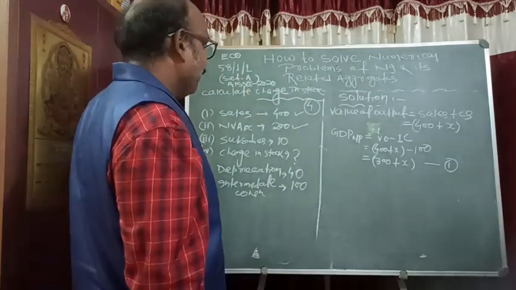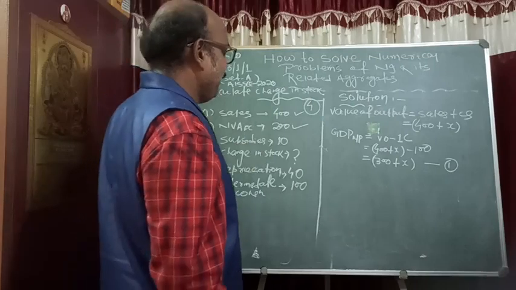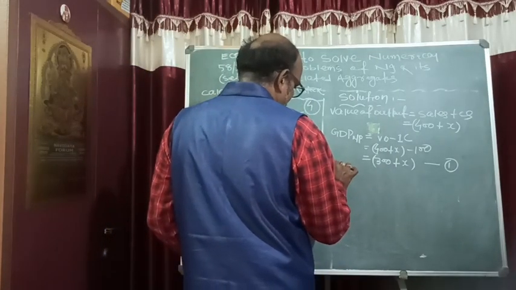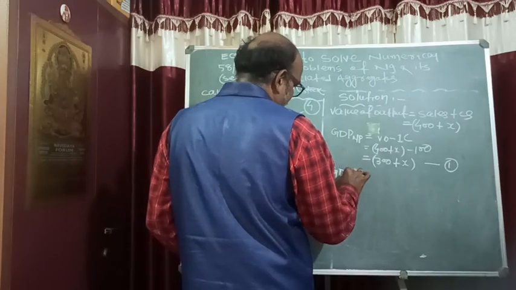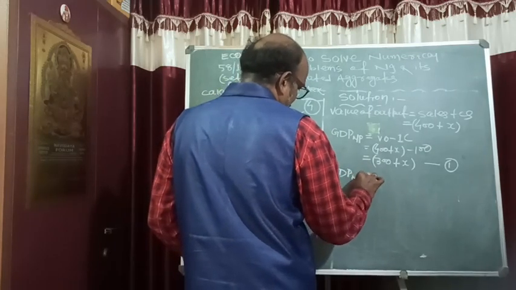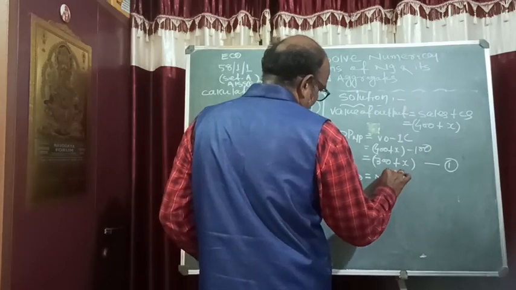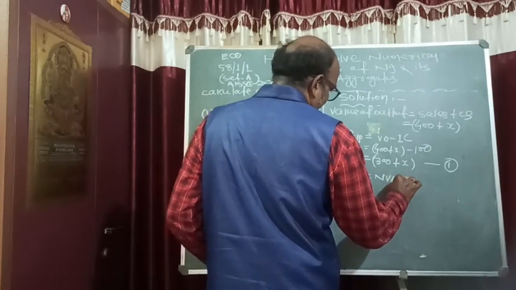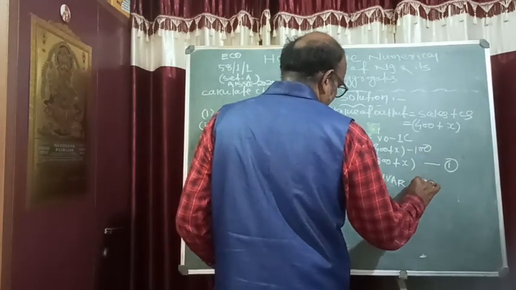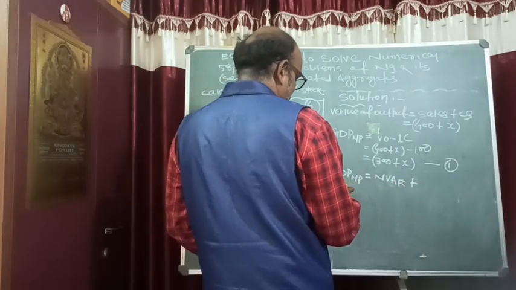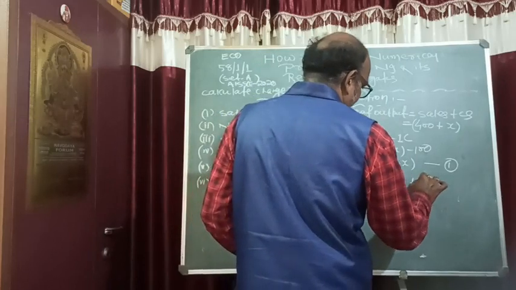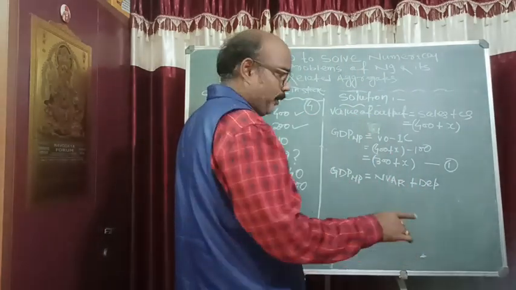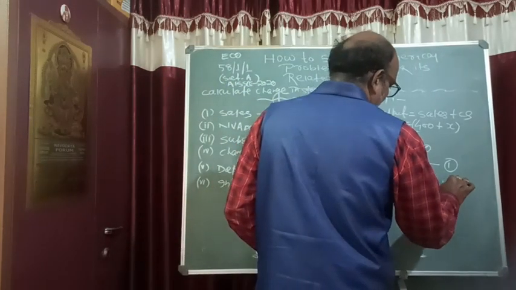Clear? Now NVAFC is given. Again you calculate GDP-MP from NVAFC. So GDP-MP is equal to NVAFC plus depreciation, since here is gross and here is net, so add depreciation. Here required is market price and given is factor cost, so you add NIT.